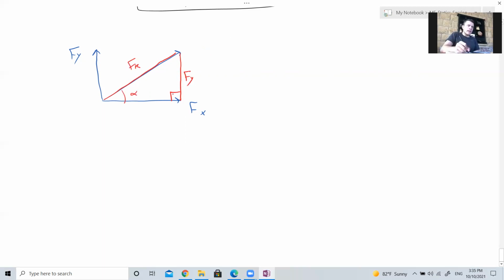To find this alpha we can use the rule of sine, sine, tangent or cosine, but the best is to use tangent.